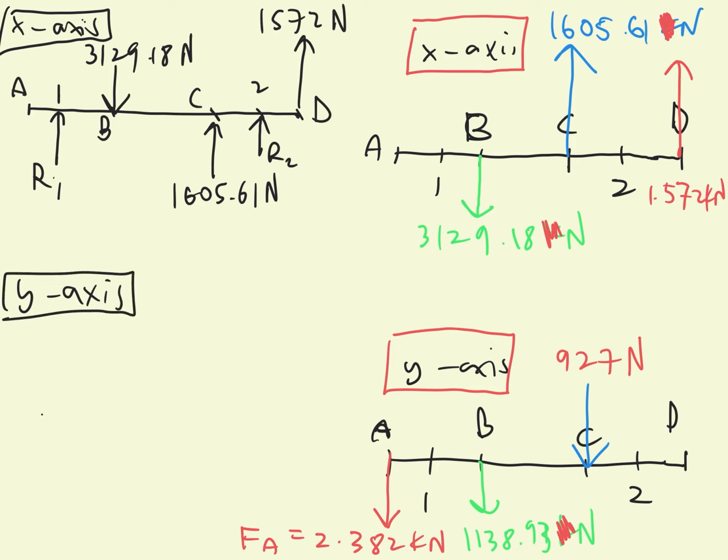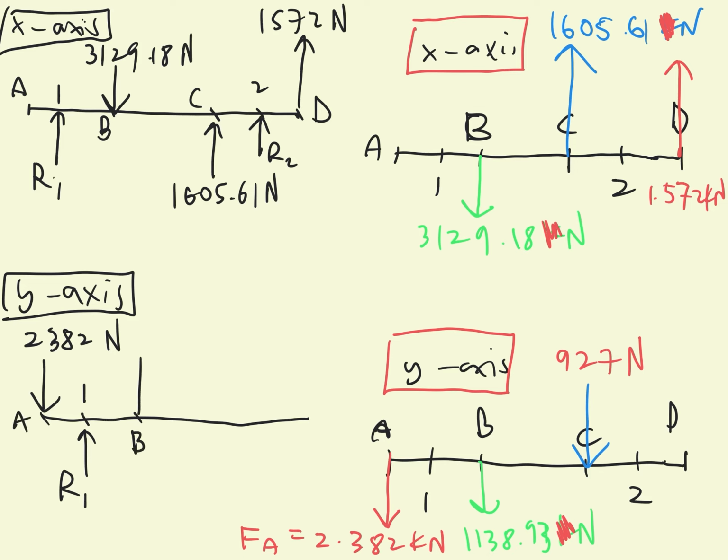And then for y-axis, if I draw back, at point A we have a load here, 2.3 Newton. And then for point 1 we assume there is a reaction force from the bearing upwards, and then at point B there is a force acting downwards, which is 1,130.93.